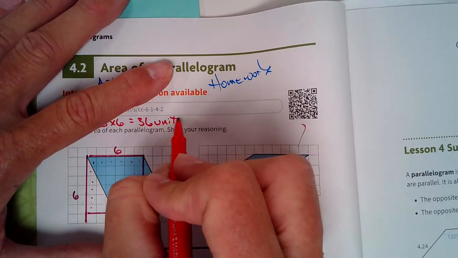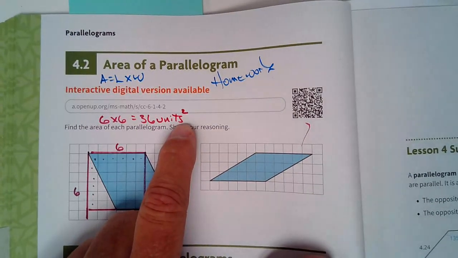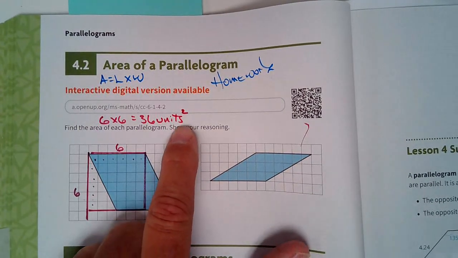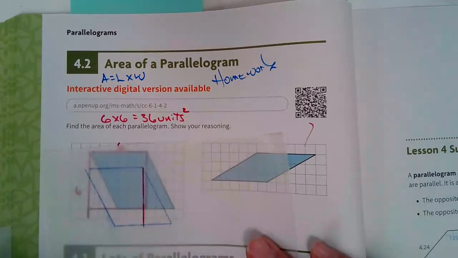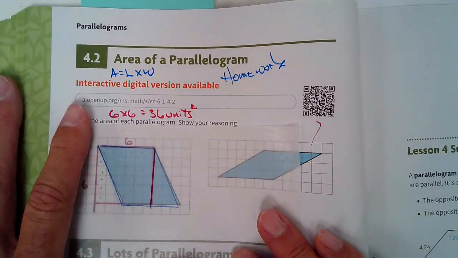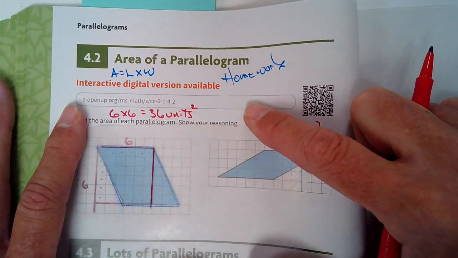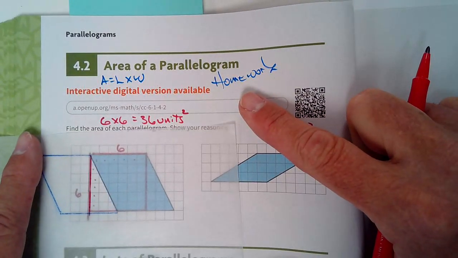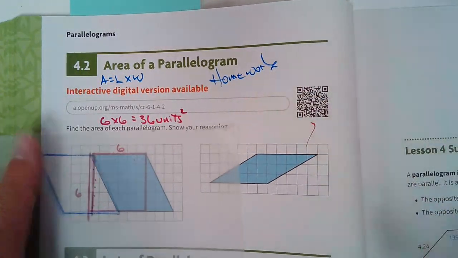Units squared. Remember, you guys lost a lot of points for not putting what it was squared in another assignment we did a few days ago. So you can see what I did there. You can take some figures and reshape them so it's easier to figure out. All right, so there's that one done for you.